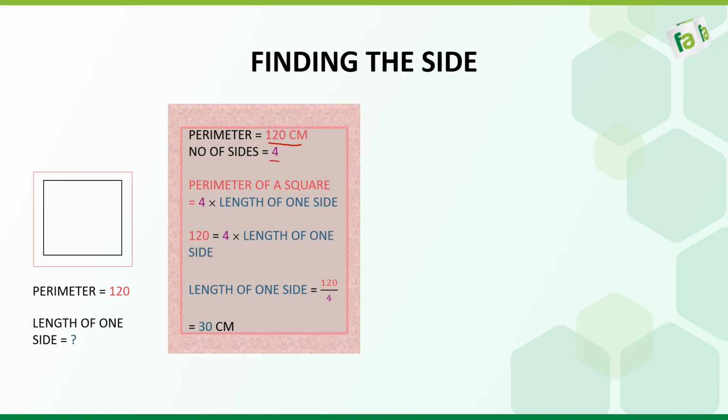Perimeter of a square is equal to 4 multiplied by length of one side. Here, perimeter is already given, which is equal to 120. We will put the value into the formula. So 120 is equal to 4 multiplied by length of one side. So length of one side is equal to 120 divided by 4, which is equal to 30 centimeters.